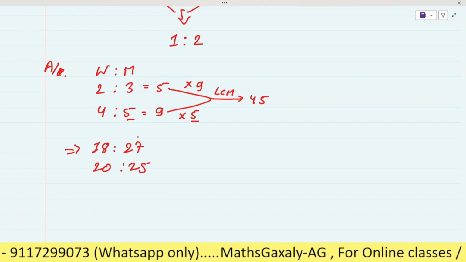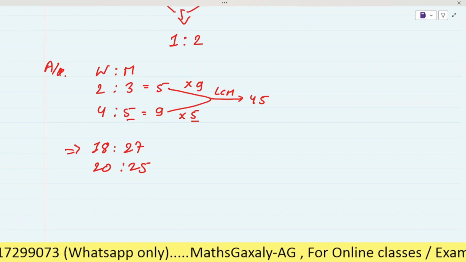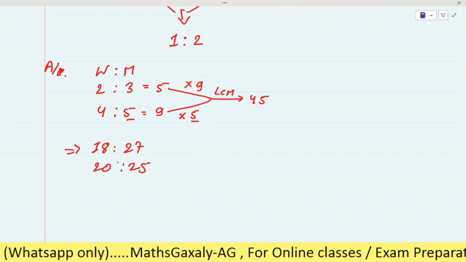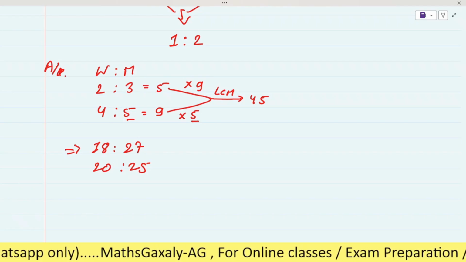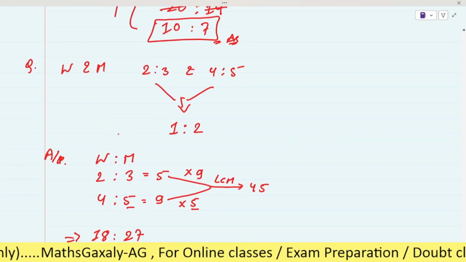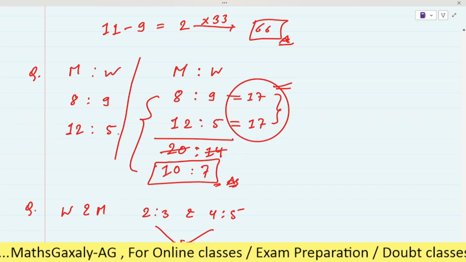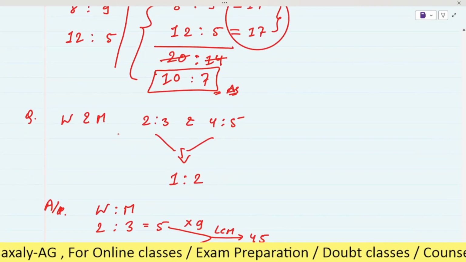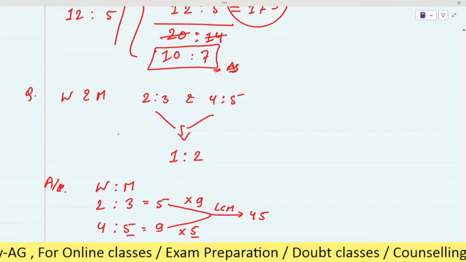Now when you add it you will get 45 in both, it means they are equal. Now both containers have become equal. In the previous question, they were already in equal quantity, so in that one we didn't do this step, we didn't find the LCM.